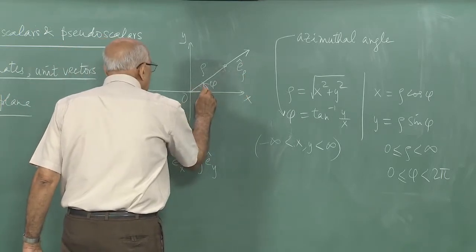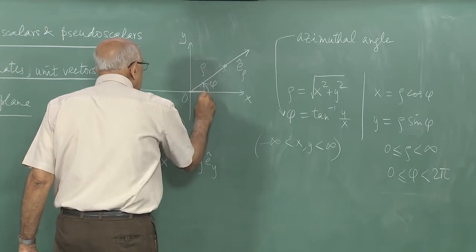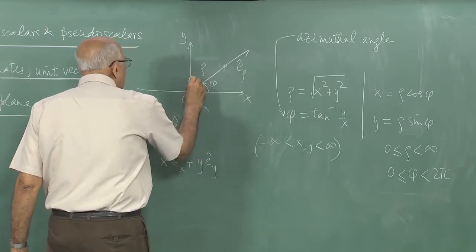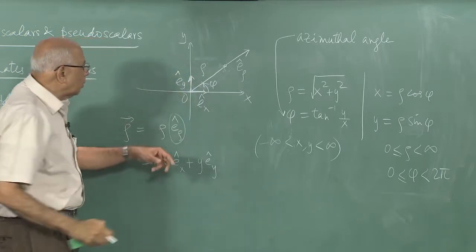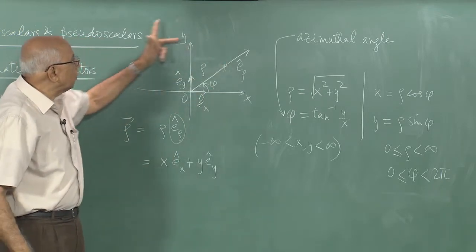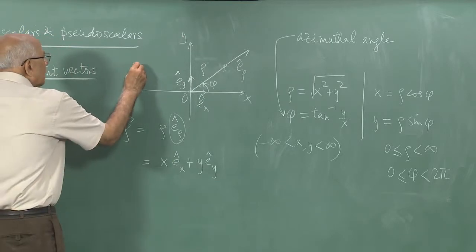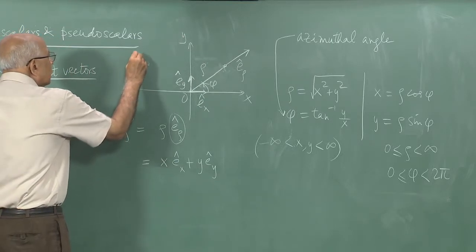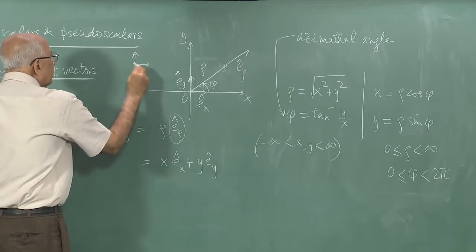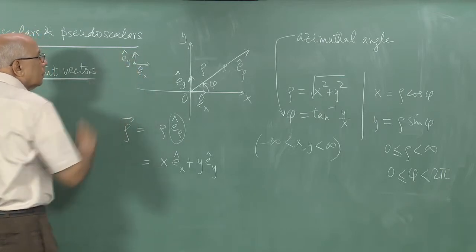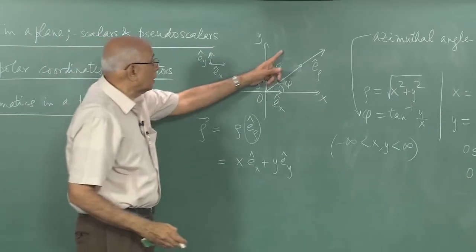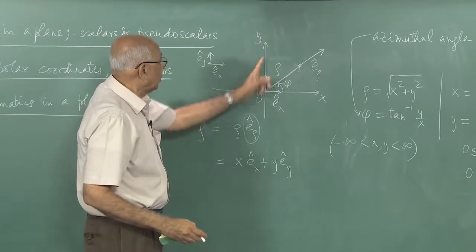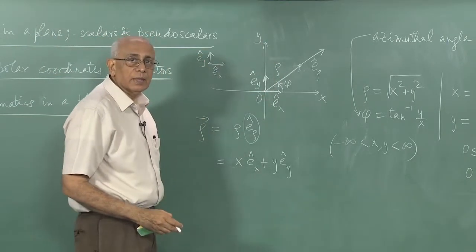So this is the unit vector in the x direction Ex, and that is the unit vector in the y direction E sub y. And I pointed out that wherever you are in the plane, the unit vectors in the x and y directions remain unchanged, unlike the radial unit vector, which changes. If I go to this point, it points outward like that. If I go here, it points up in this fashion, and so on.